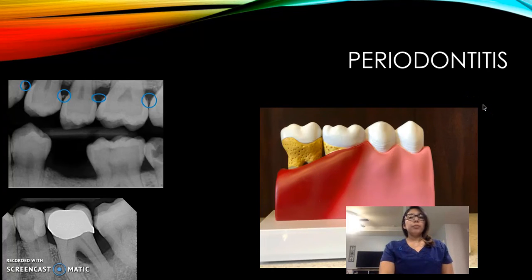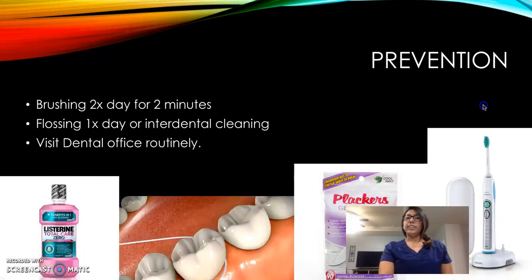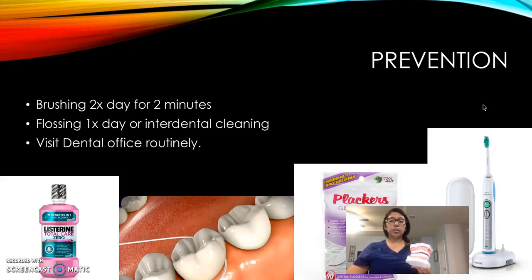So how do we prevent the teeth from getting that severe stage of periodontal disease? A very important thing is we must brush our teeth twice a day, morning and night, for 2 minutes. A very important thing is making sure that when you brush your teeth that you're angling 45 degrees into the gum line and doing a back and forth motion.